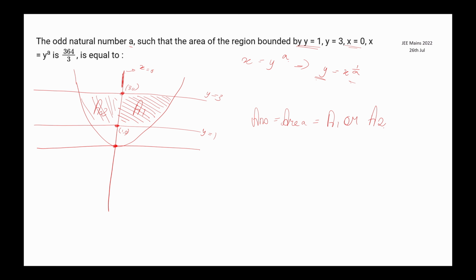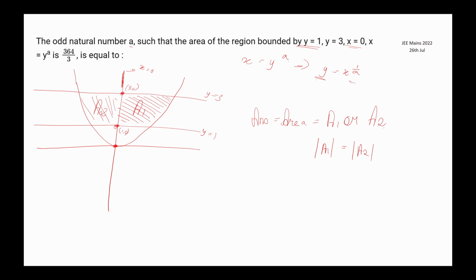From here you can see that it is of course a symmetrical graph, so my a1 would be equal to a2. The only difference is that one of my areas would come out to be negative, another one would be positive. So basically the absolute values would be similar, so I can say that a1 modulus would be equal to a2 modulus.